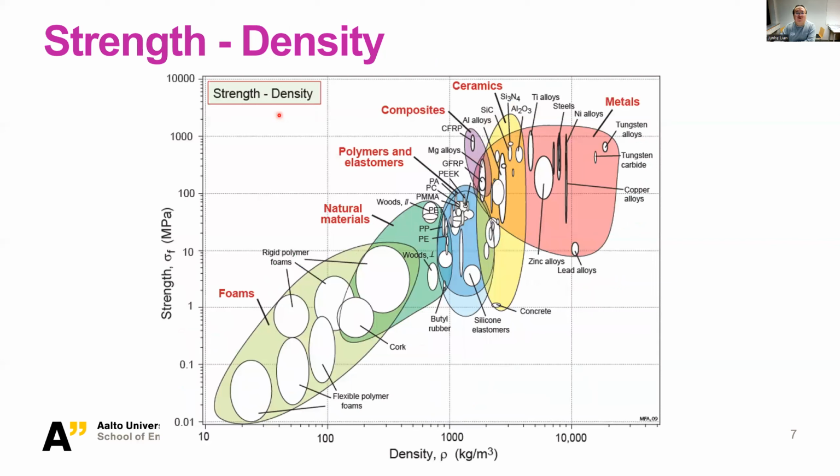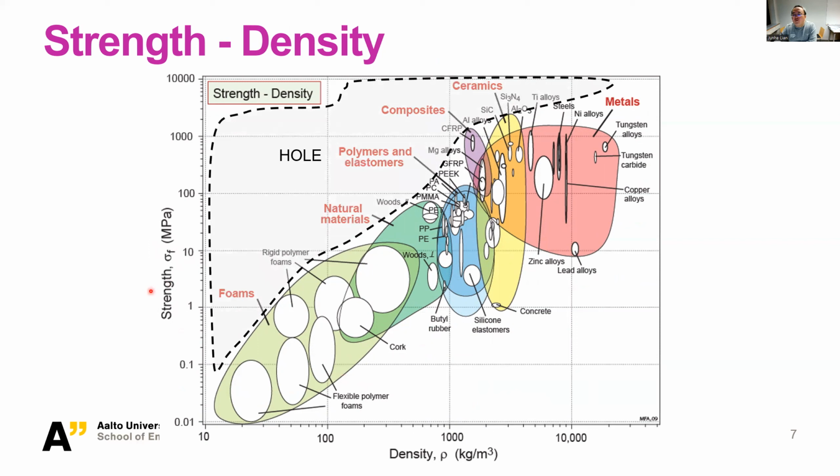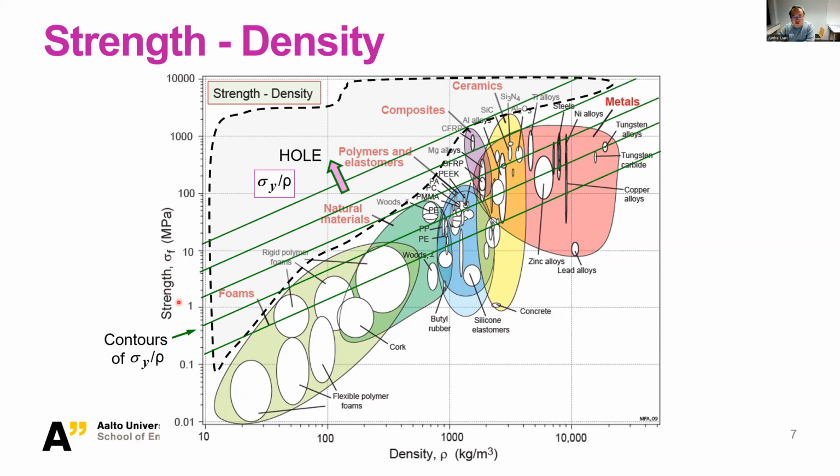The same applies to the strength-density diagram. Here we have the strength, and the hole is even a little more dramatic. It's always a little different when you deal with different properties. If we also plot the contours of sigma y over rho, you see we're running out of existing engineering materials even faster.